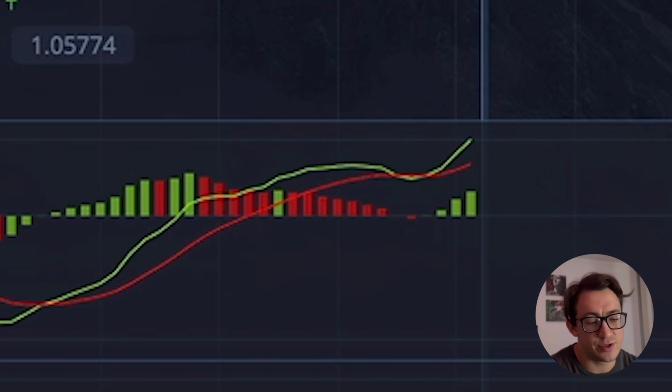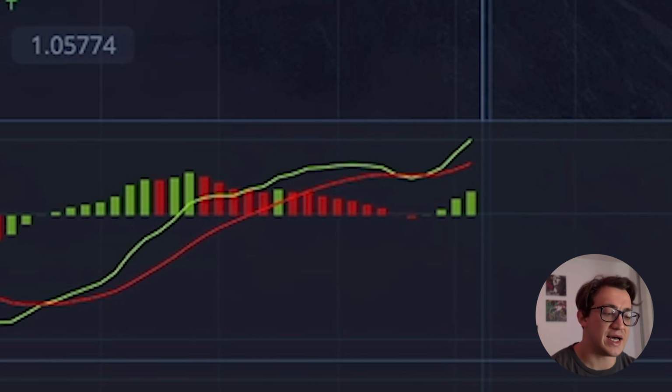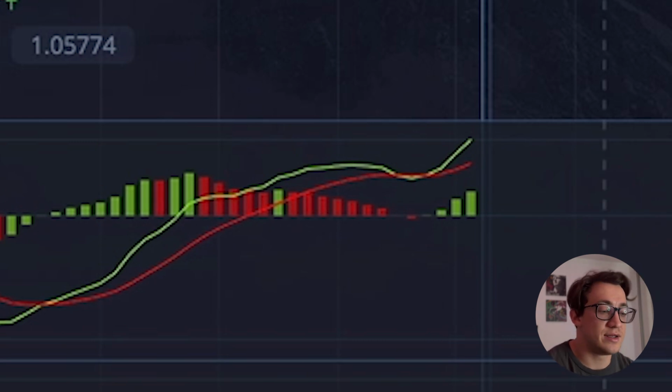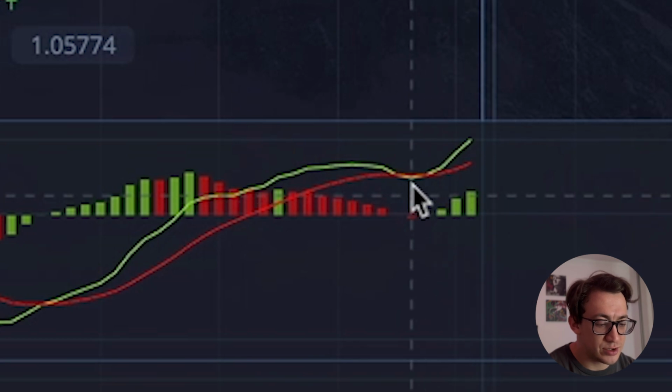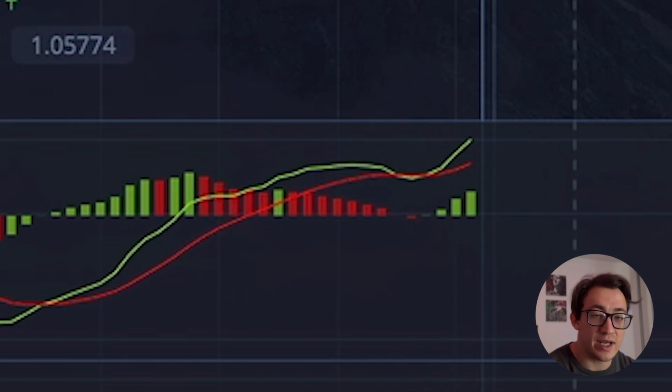If the two lines intersect each other and are directed upward, that is a clear signal to enter an upward trend. If the two lines intersect each other and are directed downward, it's a clear signal to enter a down zone. In this case, the two lines intersect each other and are directed upward, and that's why I entered the upper position.